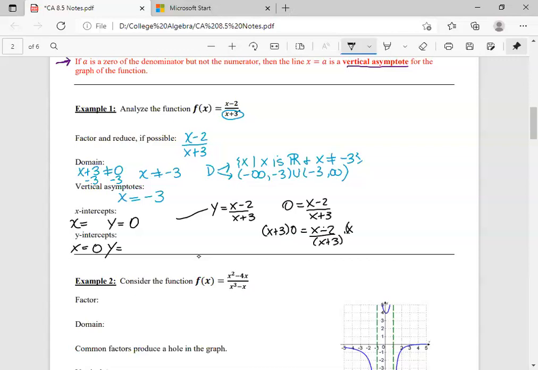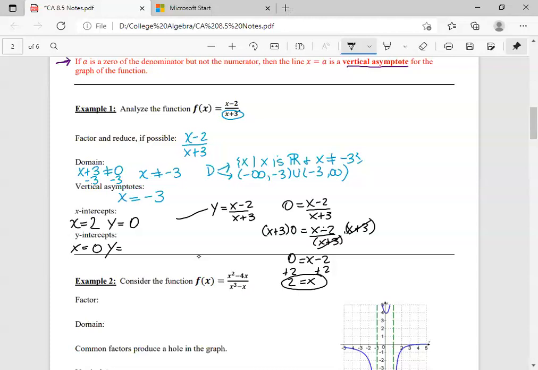If I multiply both sides by x plus 3, the denominator, that's going to make that denominator cancel out. Well, x plus 3 times 0 is just 0 equals x minus 2. These two canceled out, so I multiply by the denominator to get that to cancel. And then I would just add 2. So x is equal to 2. That would be my x-intercept.